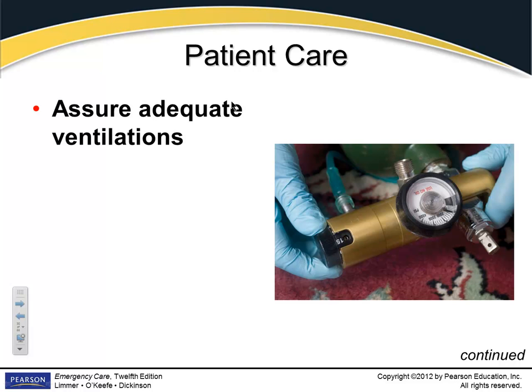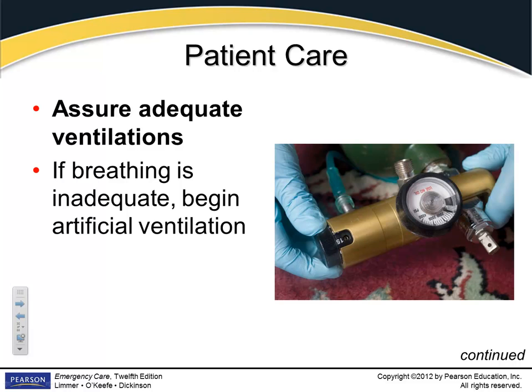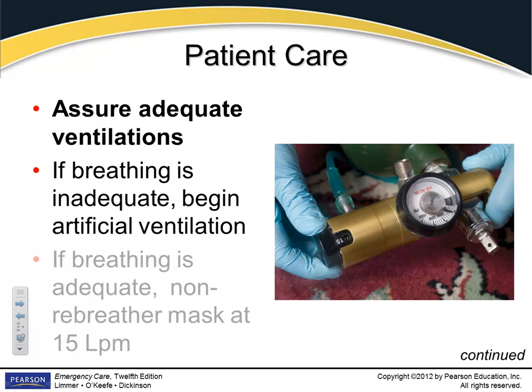Okay, any patient that has inadequate breathing, we're going to have to provide adequate breathing for them, or adequate respiration. So make sure that they are ventilating or breathing adequately. If it's not adequate, you're going to have to fix it. If breathing is adequate, and one other thing has to be in place, we'll put them on a non-rebreather.